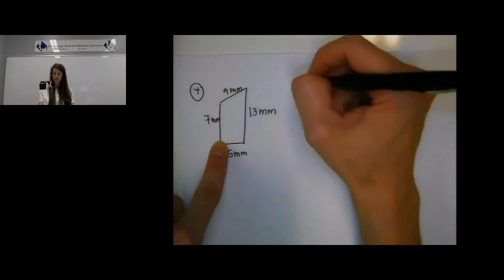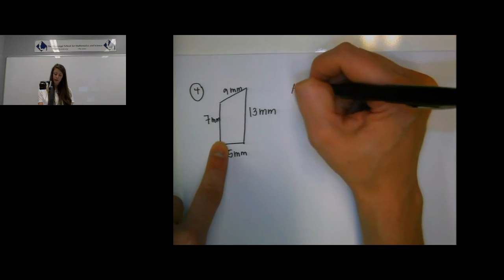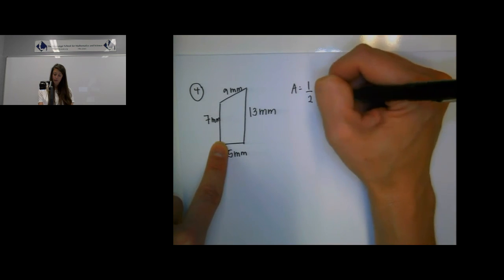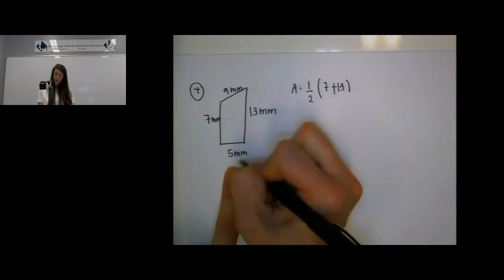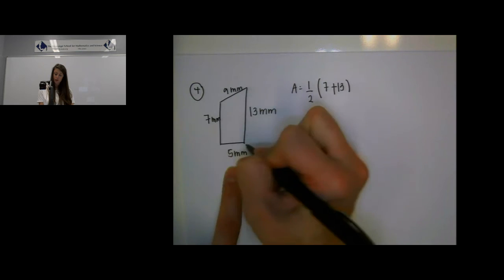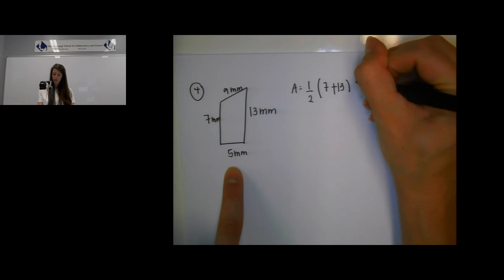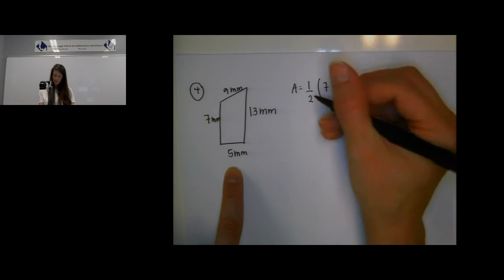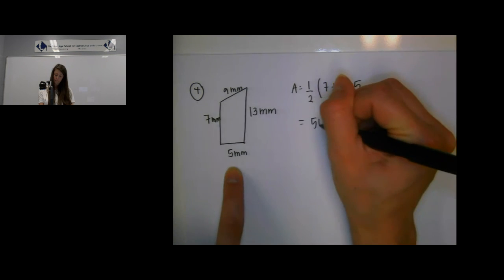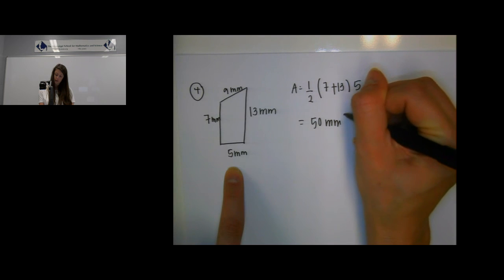Remember, your parallel sides will be your bases. So your area here will be 1/2 times 7 plus 13 times your height, which is the distance between the two bases. So your height there would be a 5. So 7 plus 13 times 5, over 2. So that's going to be a 50, and it's millimeters squared.